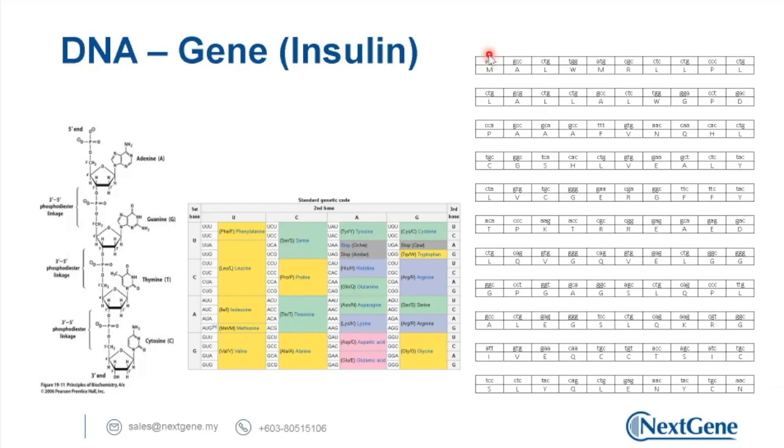As you can see here, 3 nucleotides form a codon, and one codon codes for one amino acid. By looking through the amino acid table, we can translate the DNA sequence into the amino acid sequence. The upper one is the DNA, and the lower one is the amino acid.